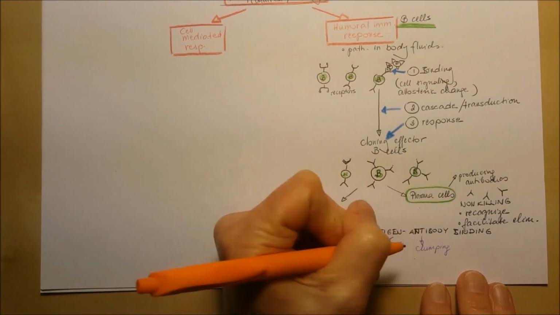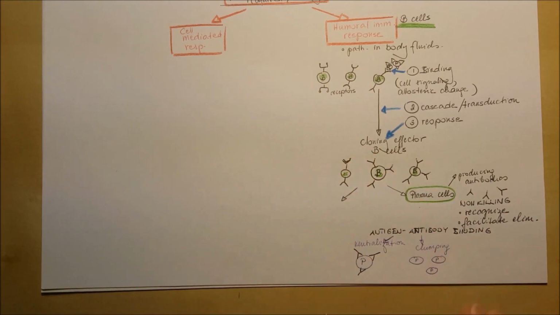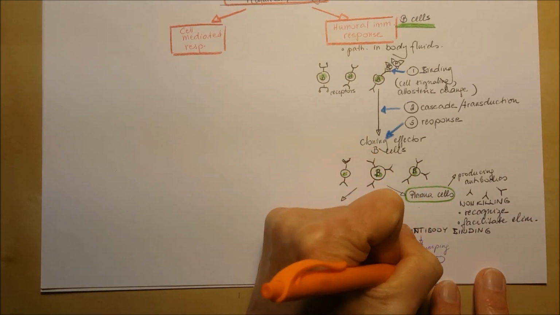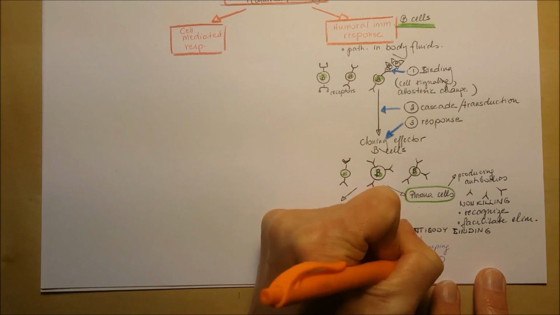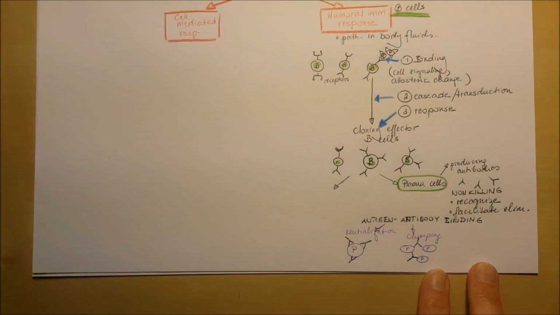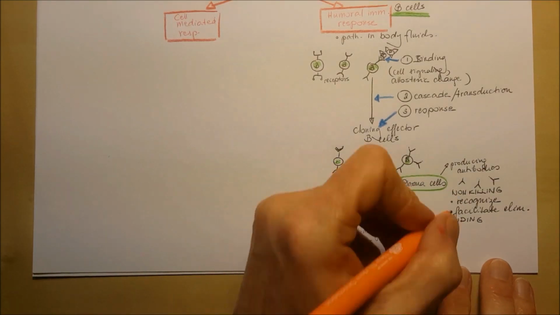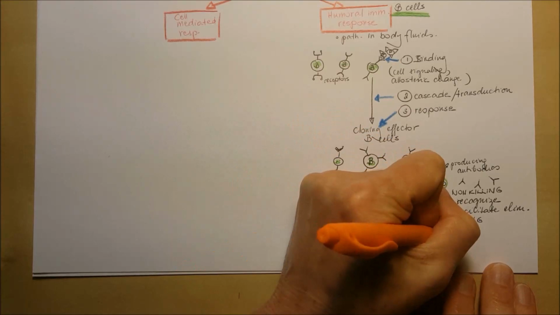They can do clumping, agglutination, that's a special name for it. Again an easy target for phagocytes, they clump the antigen carrying particles all together, so the phagocyte will just eat that big clump.